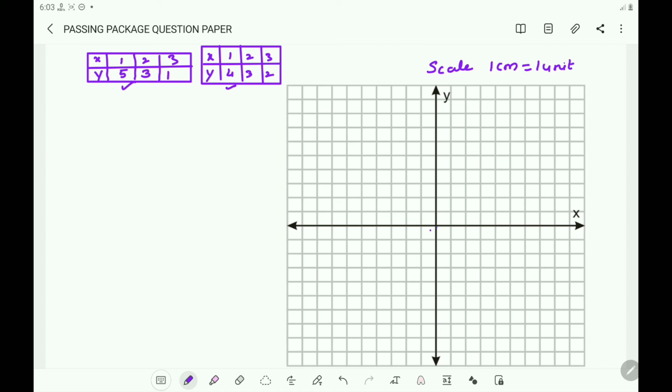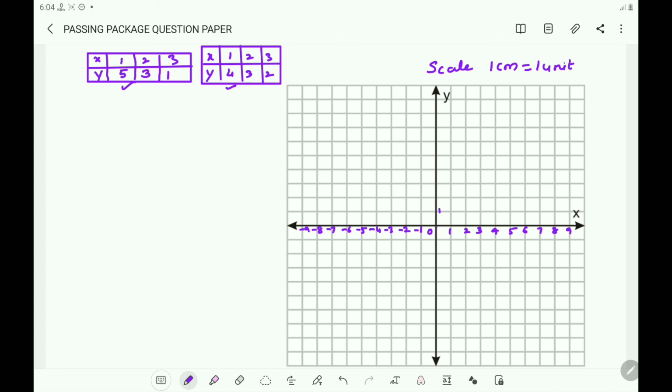So you write origin, 1, 2, 3, 4, 5, 6, 7, 8, 9. Here minus 1, minus 2, minus 3, minus 4, minus 5, minus 6, minus 7, minus 8, minus 9.